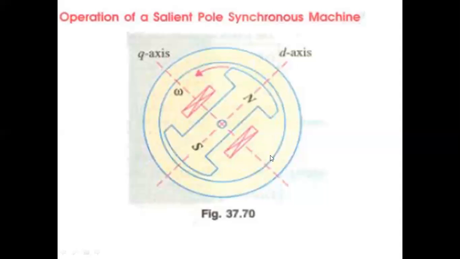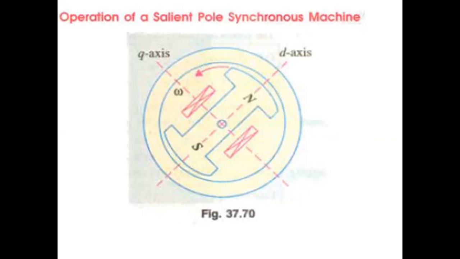So the magnetic reluctance is very low along the poles, and between one pole and the other pole, the reluctance is very high. So these are the two basic facts.